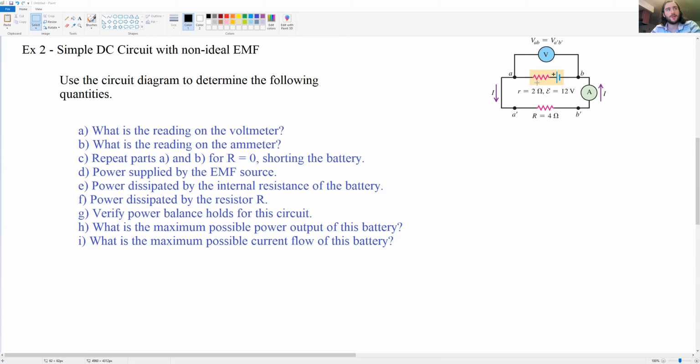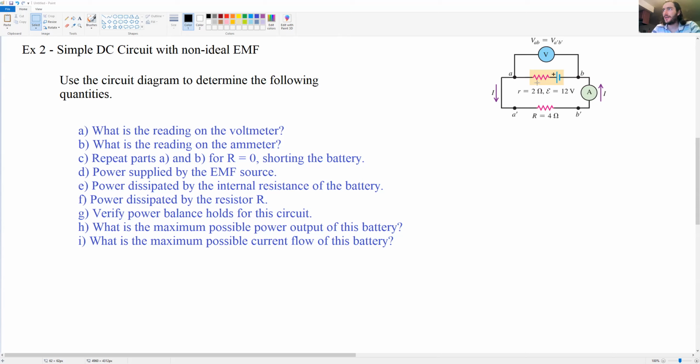It cannot measure the EMF, the idealized EMF source inside the battery, at least not in this circuit here. It could measure the potential of the idealized EMF source if only the voltmeter was connected to the battery, but that's not the case here.